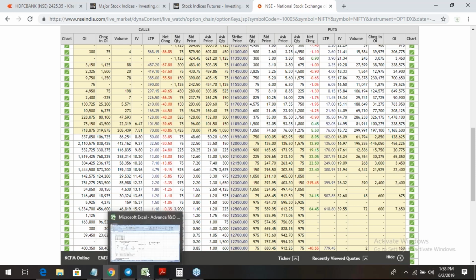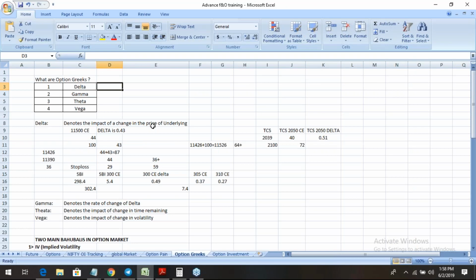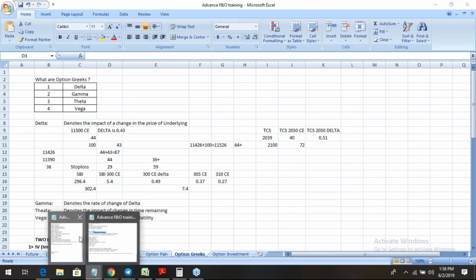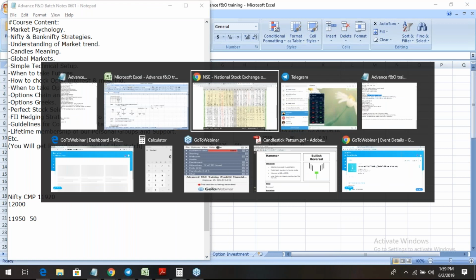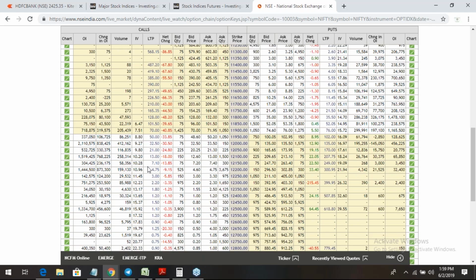What does delta say? Delta denotes the impact of change in the price of underlying. Means if Nifty goes to 11,950, 30 points plus, you say 11,950 call is good to buy. 11,950 call rate is 50, right?